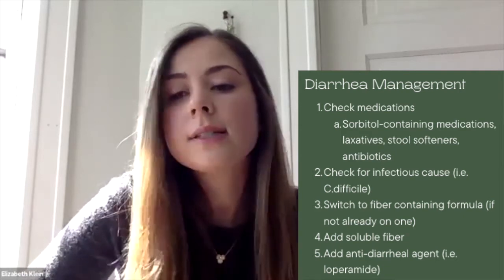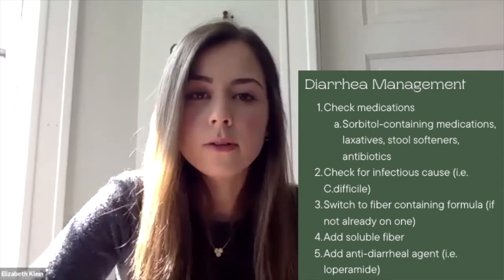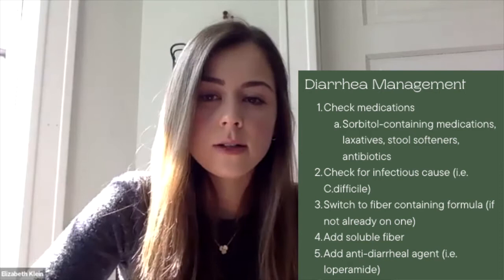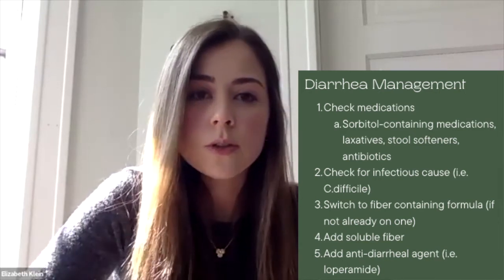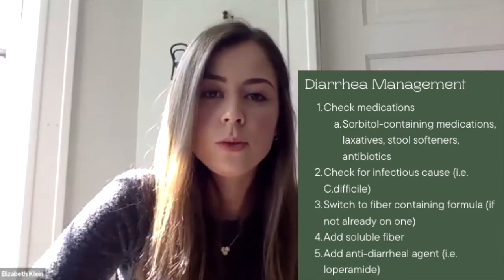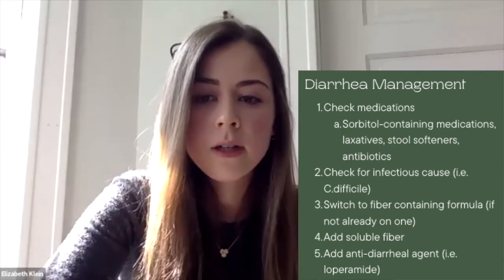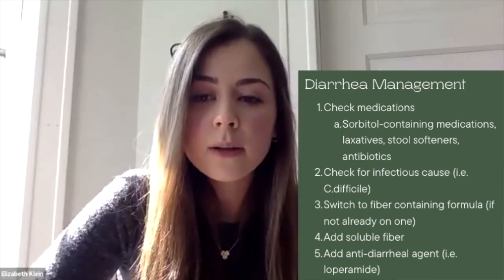So let's say a patient did the infectious workup. They're not worried for an infectious cause of their diarrhea. So next, if not already getting a fiber containing formula, you can switch to a fiber containing formula. You could also add soluble fiber.